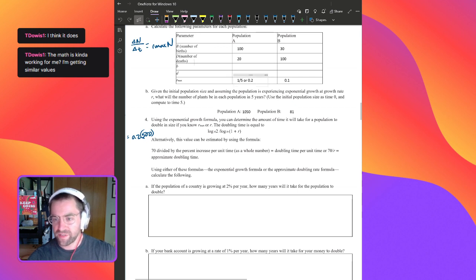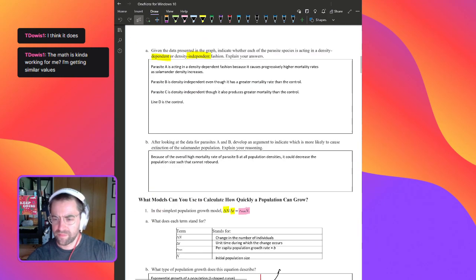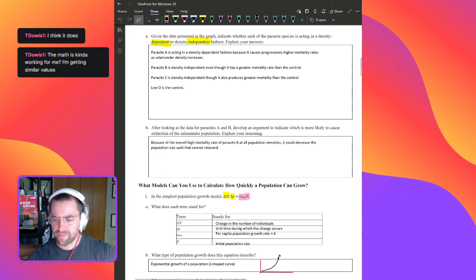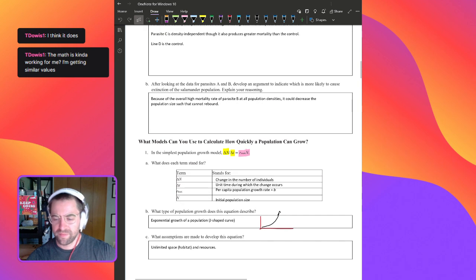R max we said was 0.2. Hang on just a second, y'all.